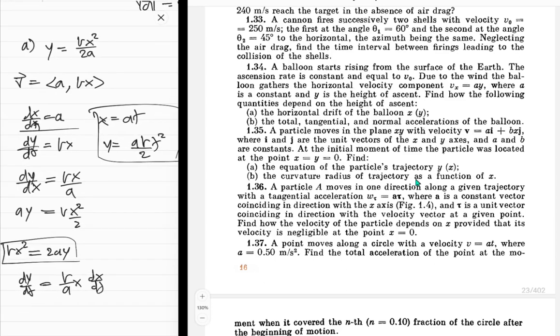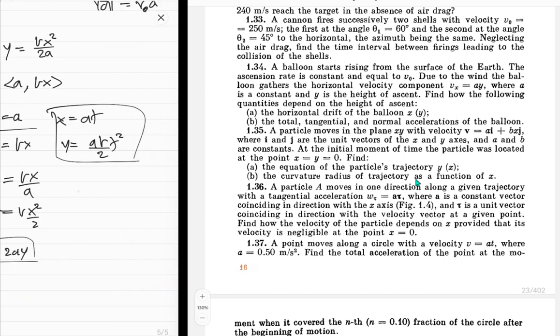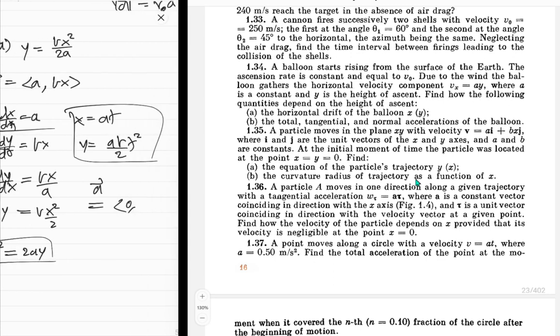Now we can figure out what our A vector should be. The A vector is the derivative of the V vector, which is 0, and then b times dx upon dt. And guess what dx upon dt is? It's just a. Exactly. So that will be ab. Nice. It's completely on the y-axis. And now we just need to figure out its normal component with this thing.